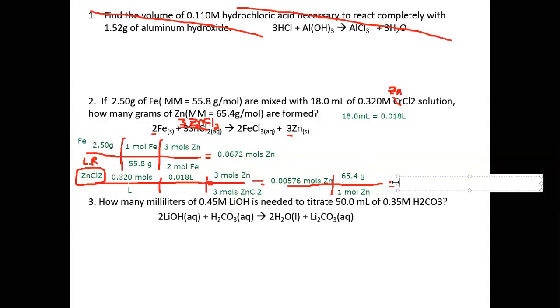The theoretical yield is 0.377 grams of zinc.